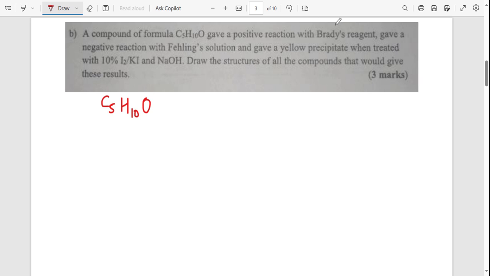The formula I've been given is C5H10O, gave a positive reaction with Brady's reagent. Now, here we have got positive Brady's. Anyone to help us? If you have got a positive Brady's reagent, what does that mean? What do we have? Anyone?